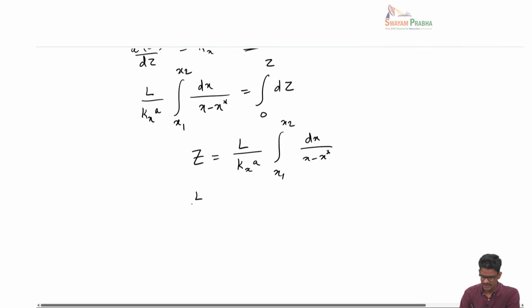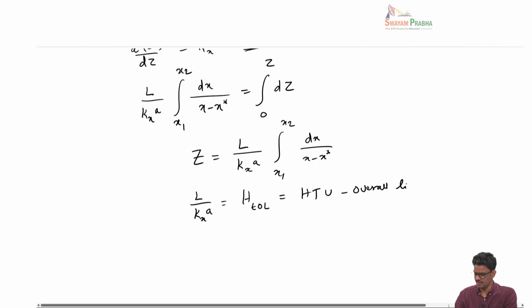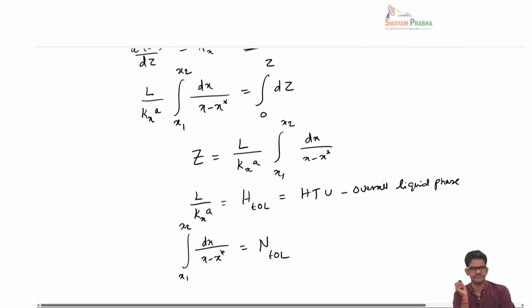We will call this L by Kx a as HTOL, that is the height of a transfer unit with respect to the overall liquid phase. And this term, the integral of dx by x minus x star from x1 to x2, we will call this NTOL, which is the number of transfer units with respect to the overall liquid phase mass transfer.